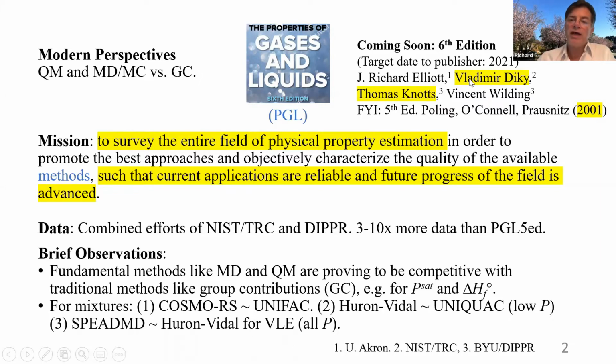And the National Institute of Standards and Technology, the TRC, Thermodynamics Research Center, their mission is a little broader, which is to collect all the data in the world. Pure compounds, mixtures, whatever it is, but they have a little twist to their mission. They want all of their data in their database to be traceable to the original literature reference.